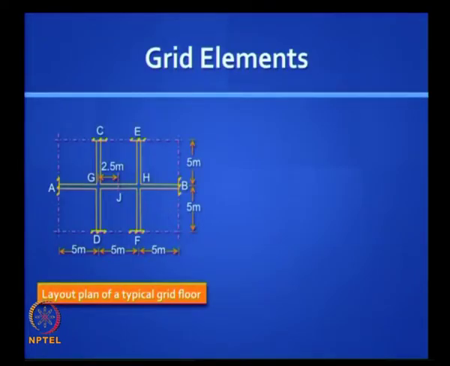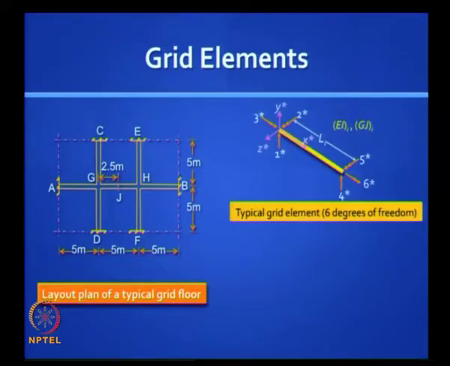Let us look at simple problems like this. Okay, this is a grid problem which we will try to solve. We have shown here for convenience a 3 by 2 grid, but you could use it for any large grid as well. The grid element in the conventional stiffness method will have 6 degrees of freedom.